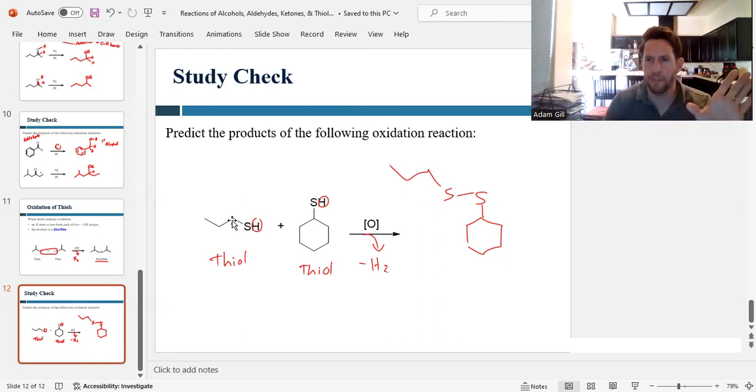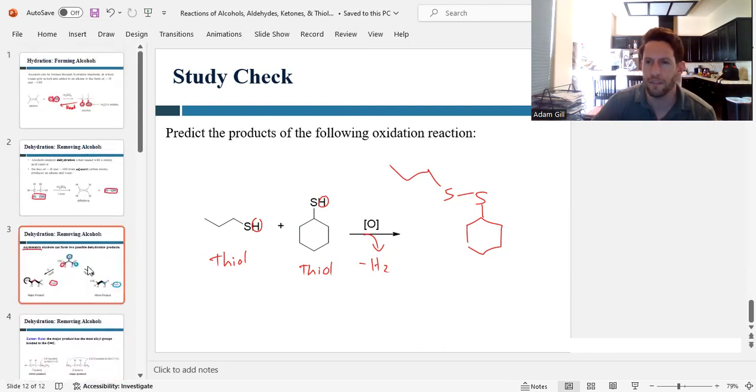So copy, paste them together, but without the hydrogens, and the sulfurs are connected. So that's the oxidation of a thiol. And that's the last reaction we have to talk about for chapter 12.